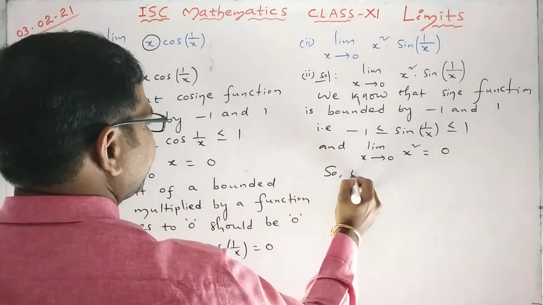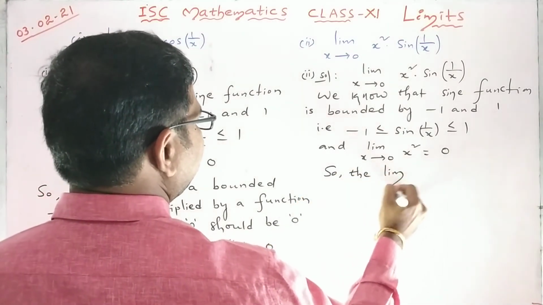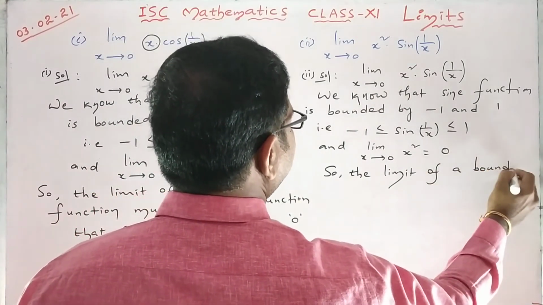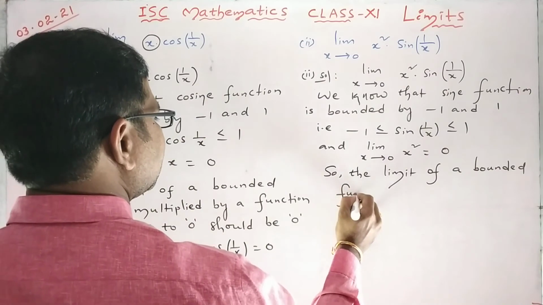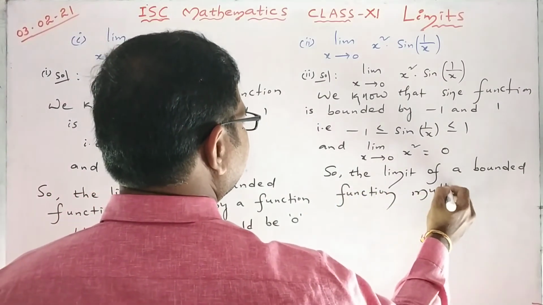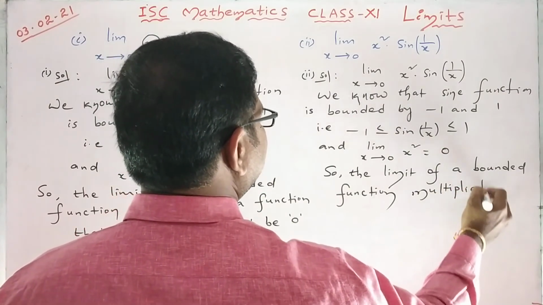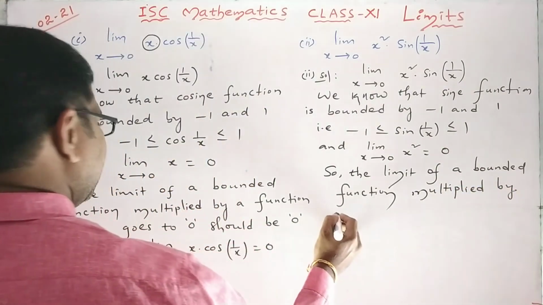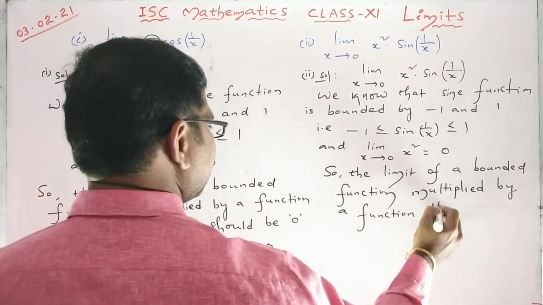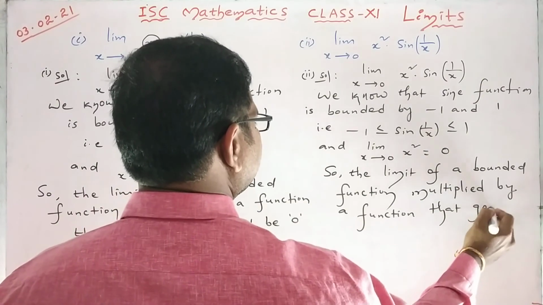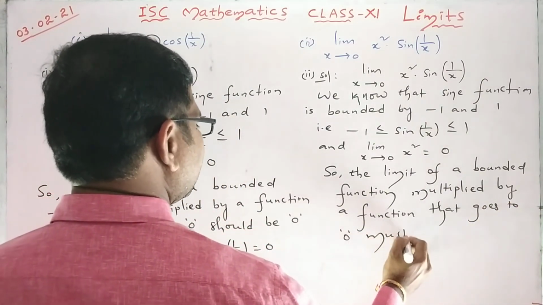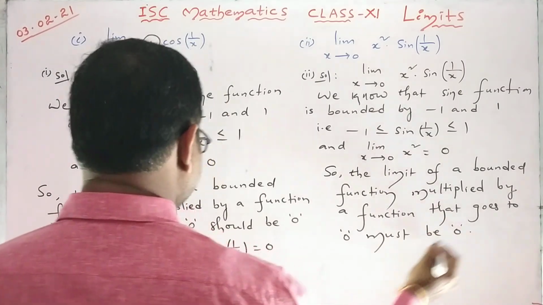So the limit of a bounded function multiplied by a function that goes to that value 0, must be 0. 0 into something must be 0.